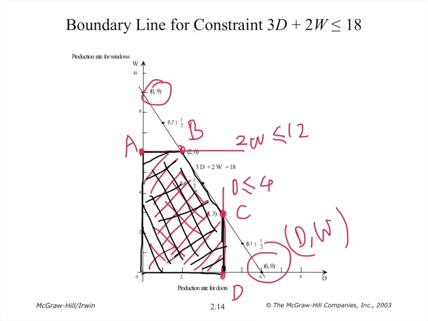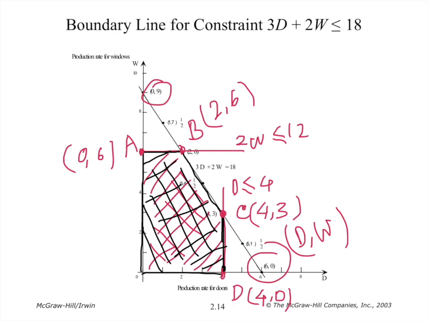Point A is (0, 6). How about point B? Point B is (2, 6). And point C is (4, 3). And point D is (4, 0).